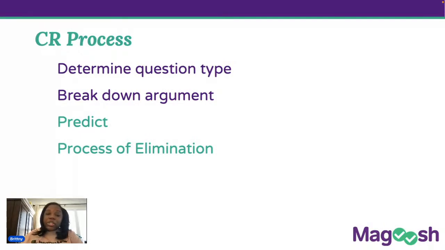But ultimately, once you get really good at predicting and get some practice, I think you'll find that a lot of the time using that prediction as your process of elimination tool will really help you find the correct answer. And again, avoid falling for those trap answer choices. Okay, so determine the question type, break down the argument, predict, and then last but not least, use your process of elimination.